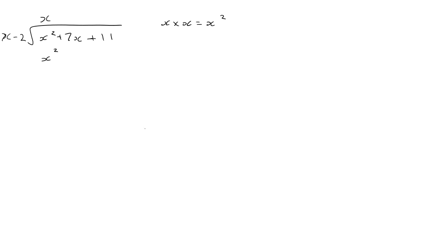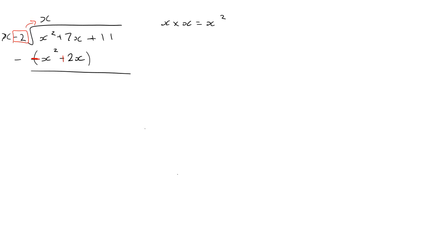And now we need to multiply negative 2 by x. So negative 2 times x is negative 2x, and we subtract. Don't forget that's in a bracket, so that becomes a negative x squared, and that becomes a positive 2x.